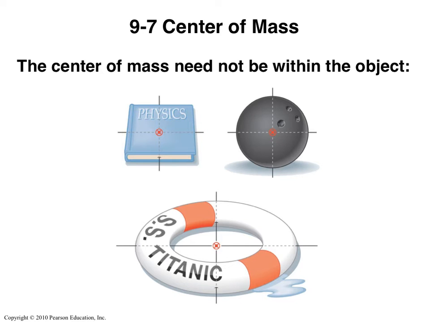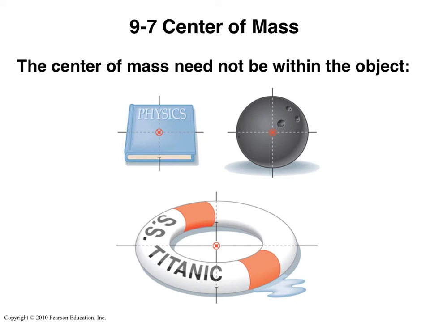You have to weigh this part more than that. They actually have a problem in the book with a 3/4 size pizza, and they tell you where the center of mass is and ask you for different things. But the thing I want you to note is, and I don't understand why they would use this. I mean, it sank. You can't find it anymore.